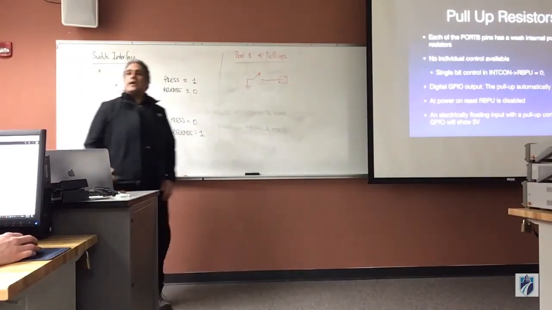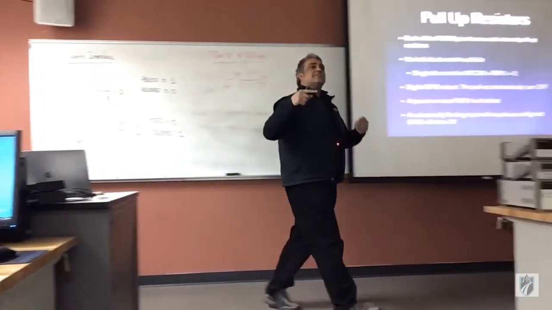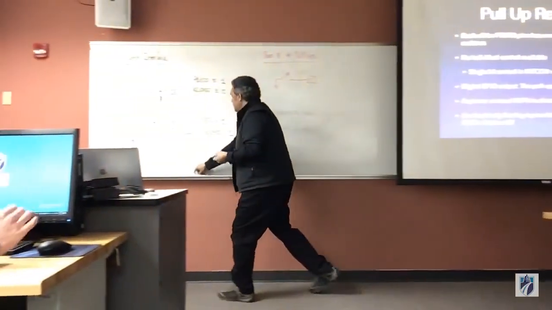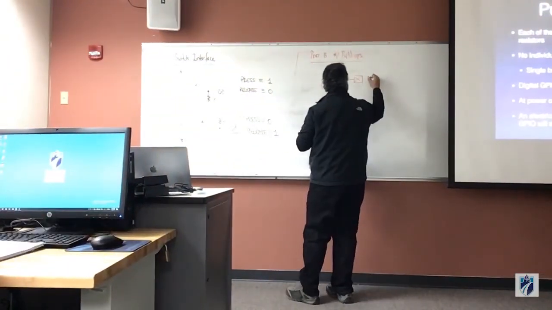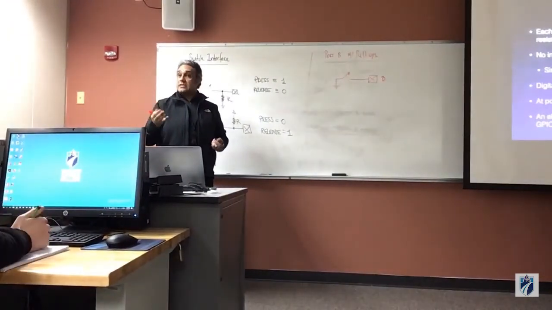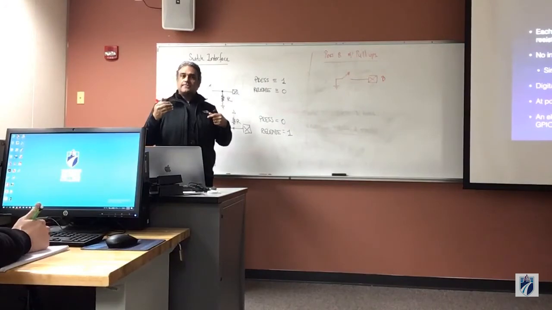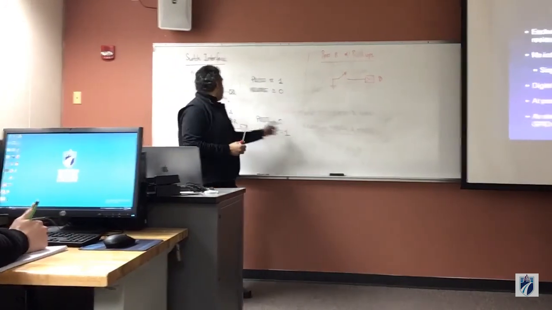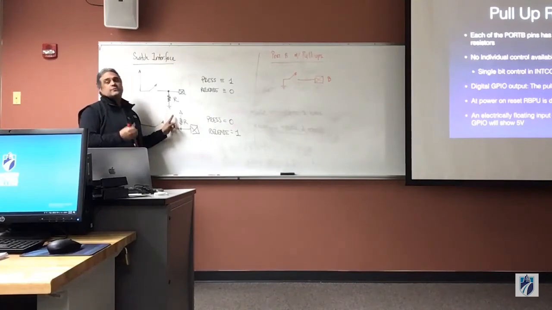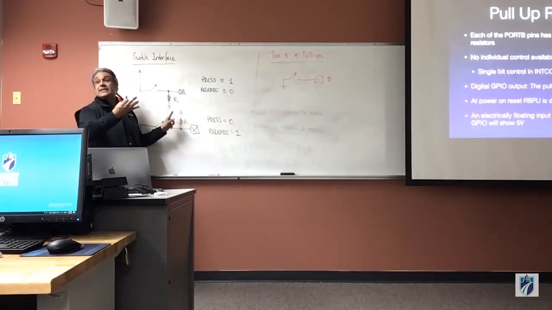Okay? Why is that? It's because internally, this port B line is being pulled up to 5 volts internally. So that means that I don't have to force the pull-up resistor externally. It's already been done inside of the micro.